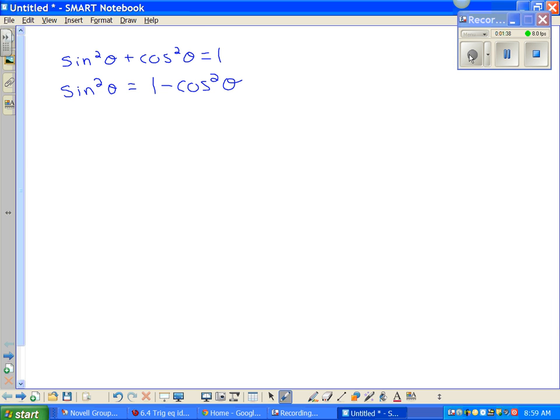Excellent. What's the other one? Good. You need to be able to think of them in all 3 ways. If you see sine squared theta, you know you can substitute in 1 minus cosine squared theta if you need to. You do have to know all the separate forms, and we are going to be using this quite a bit.